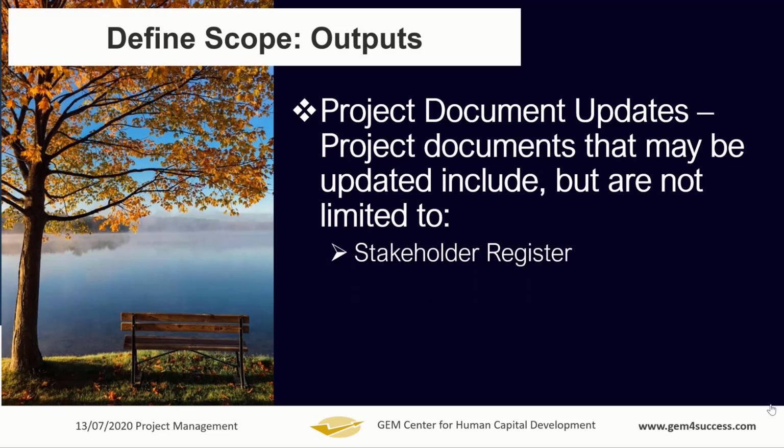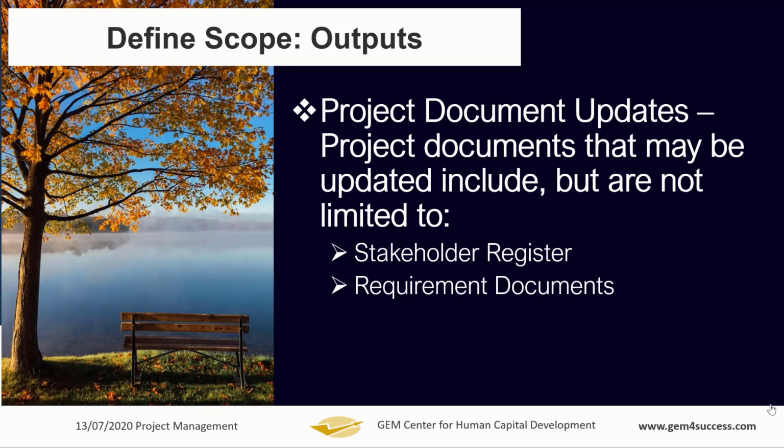As you are defining your scope, you might eventually get to know more stakeholders. Then two, in your stakeholder register that lists your stakeholders and other information about them, you want to update it to indicate the particular requirements coming from them that were accepted to put into the scope.